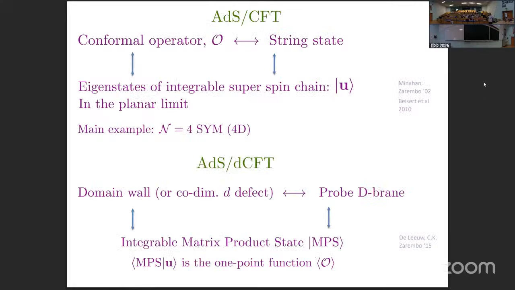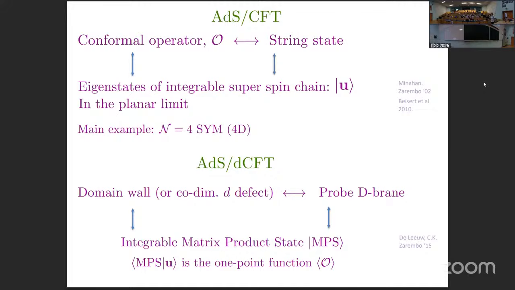Okay, so let's go to the next level of detail. As I said, the AdS/CFT correspondence translates a good conformal operator into a string state, and integrability enters because both of these objects get identified with the eigenstates of an integrable, more precisely an integrable super spin chain.